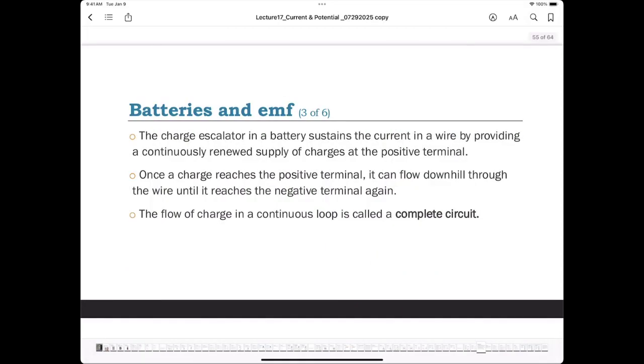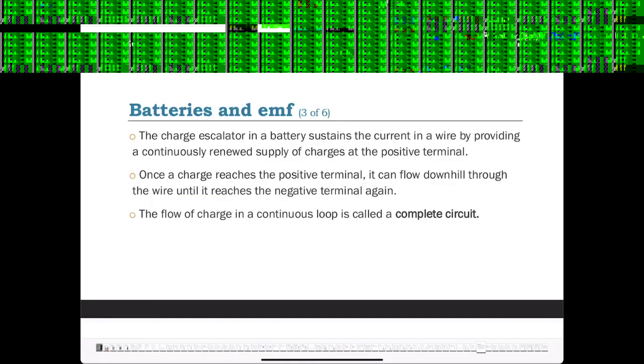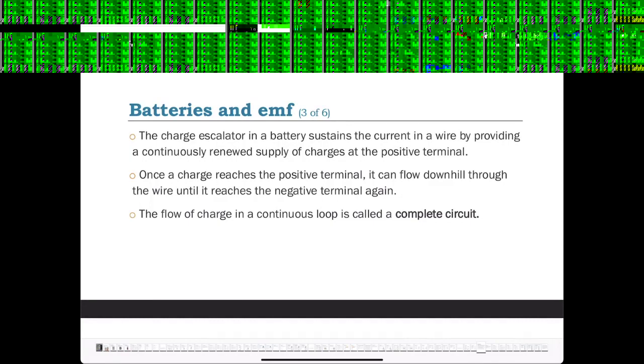The charge escalator in a battery sustains the current in a wire by providing a continuously renewed supply of charges at the positive terminal. Once the charge reaches the positive terminal, it can flow downhill through the wire until it reaches the negative terminal again. We have already talked about that.